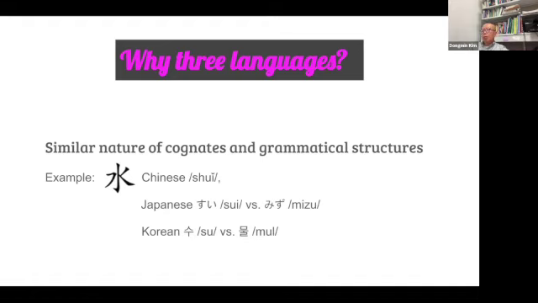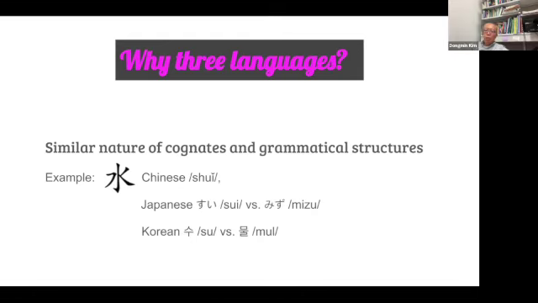And also, if you don't know any of the languages but are interested in this video, I believe you can see the differences between the languages and also the similarities.